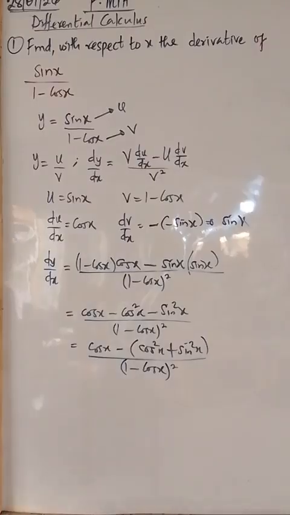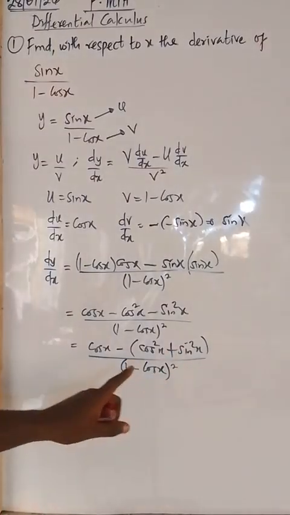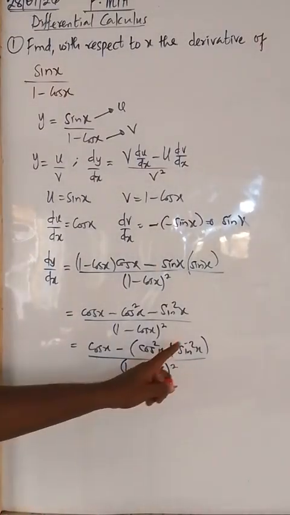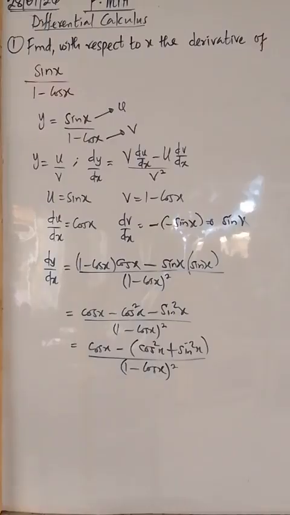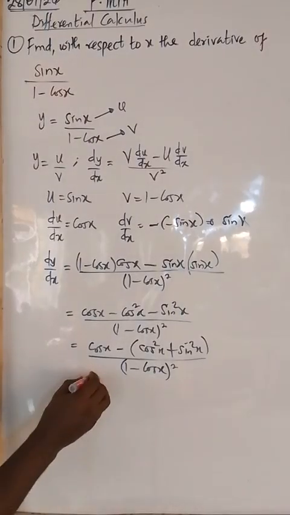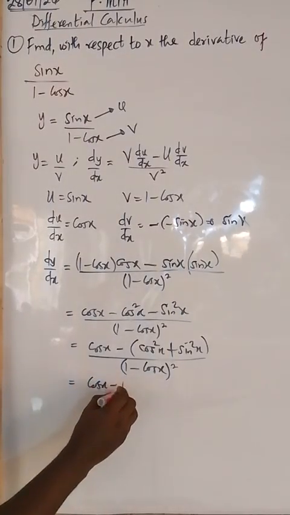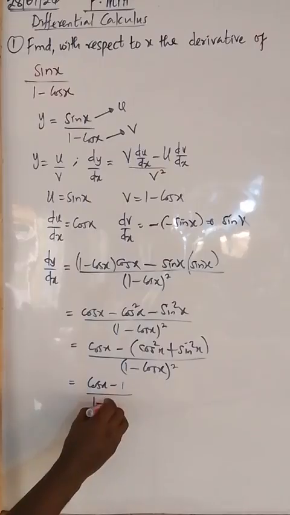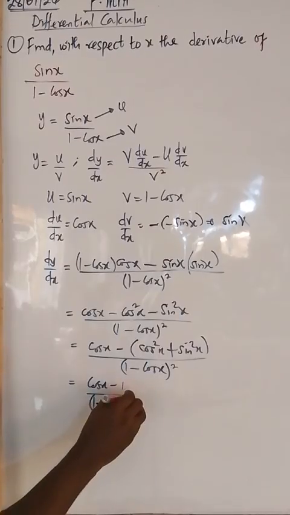One of the basic identities of trig is sine square x plus cos square x is always 1. So we can write it as cos x minus 1 over 1 minus cos x all squared.